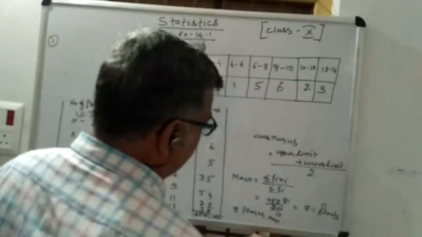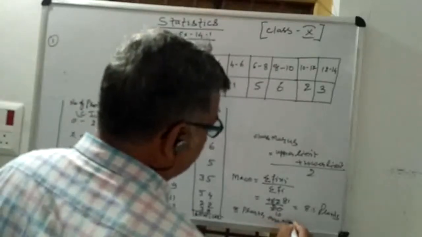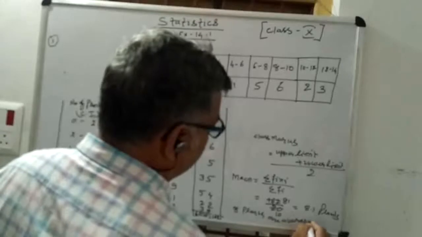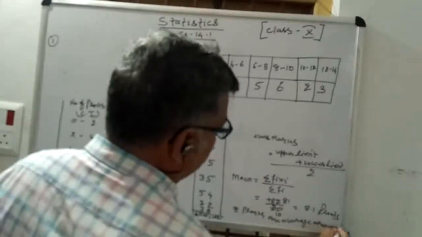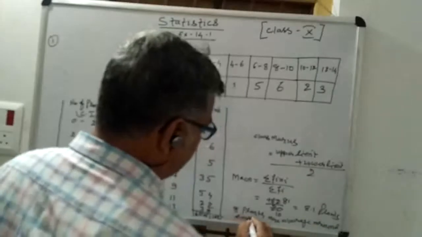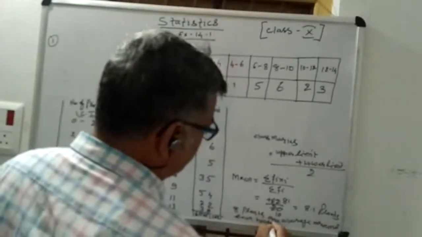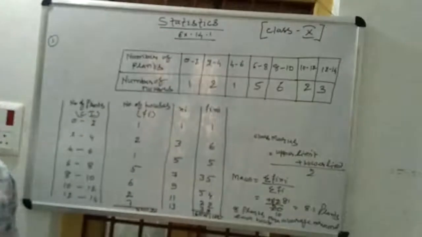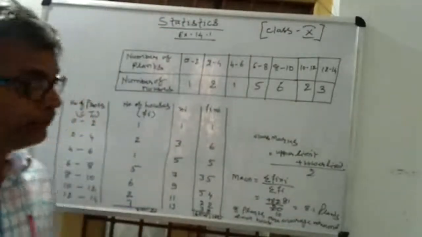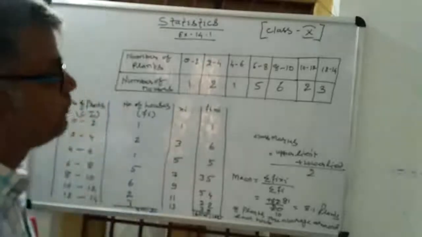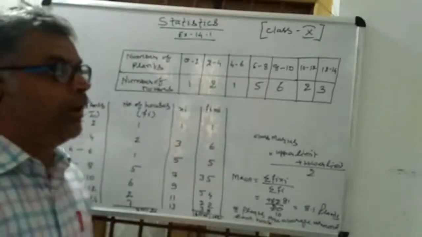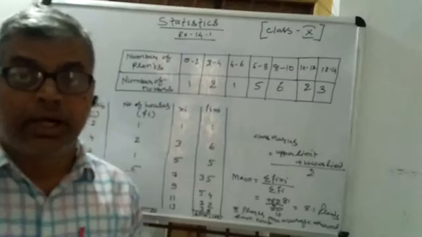are average around each house. So we get the mid value of number of plants, that on an average there were 8 plants surrounding each house.